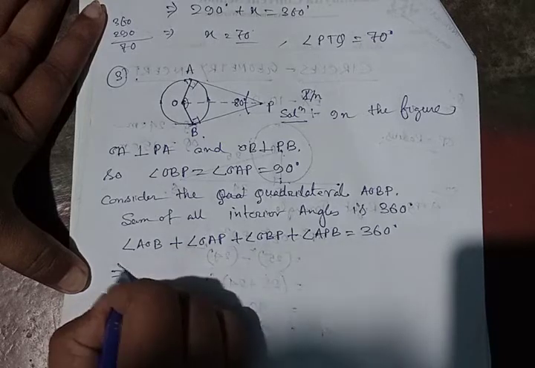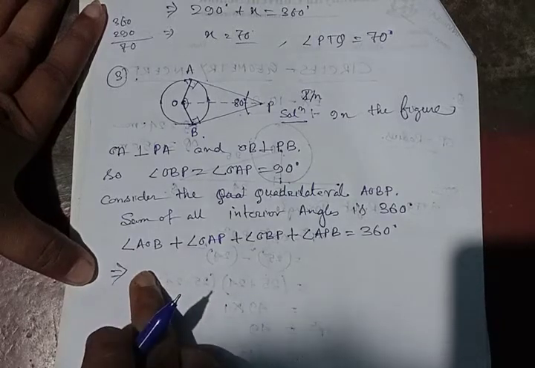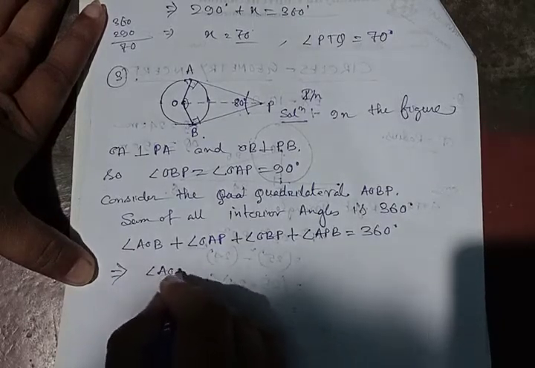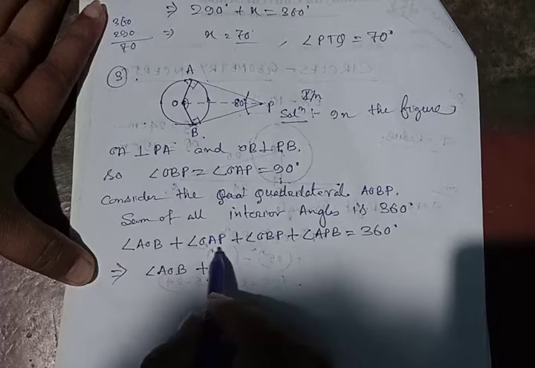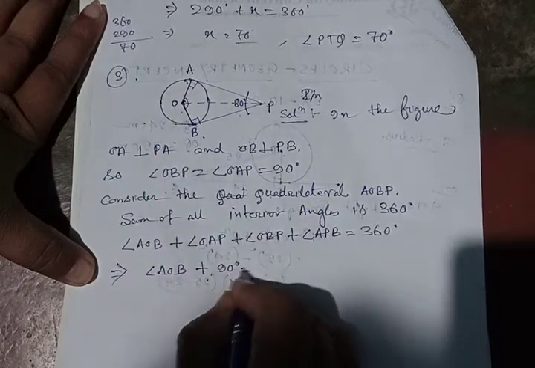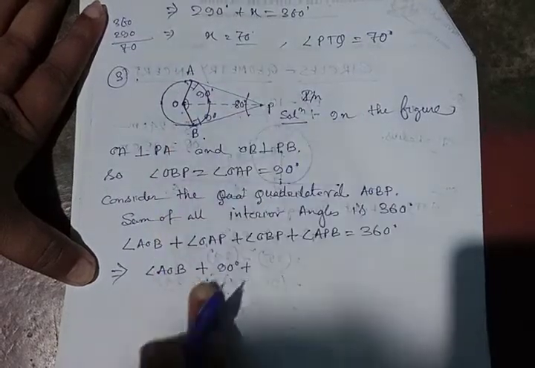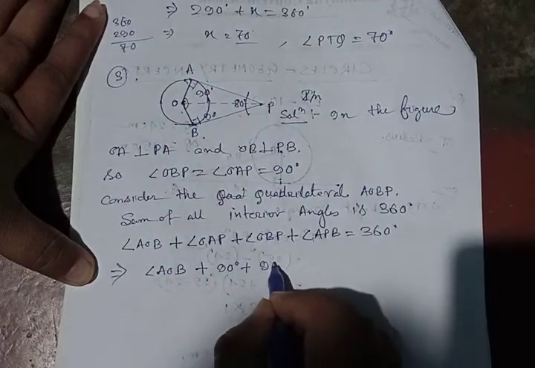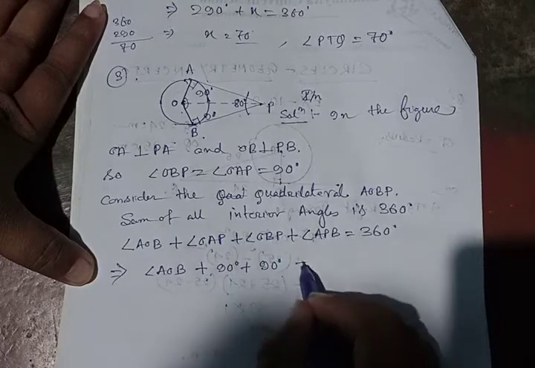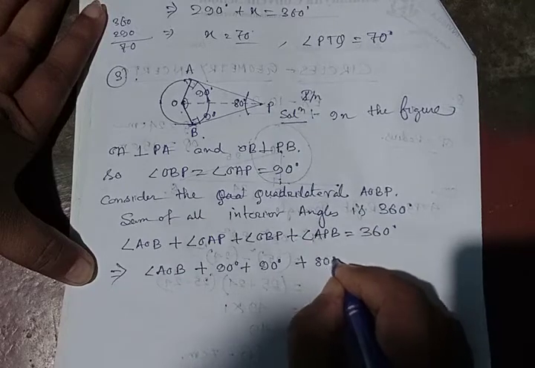Now angle AOB plus angle OAP, OAP means 90 degree, and angle OBP will be again 90 degree. 90 degree plus 90 degree, plus angle APB. APB is given 80 degree.